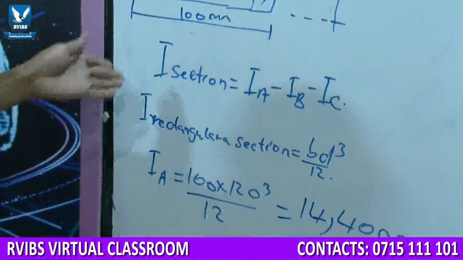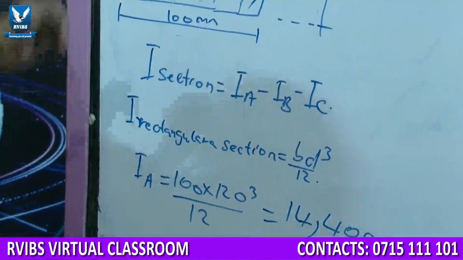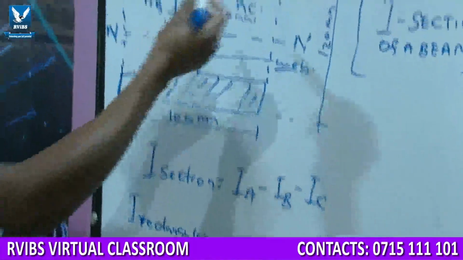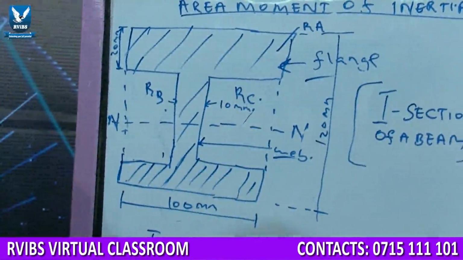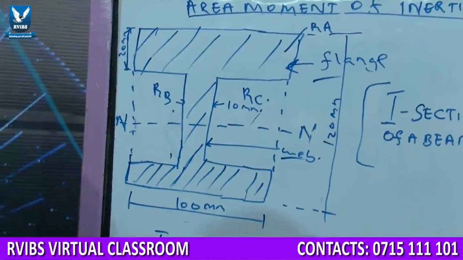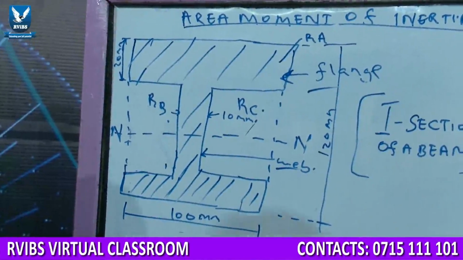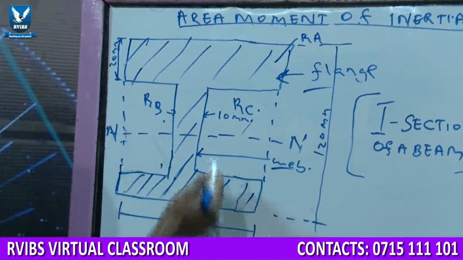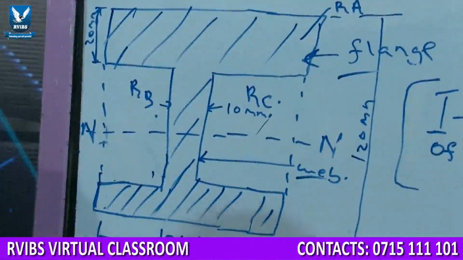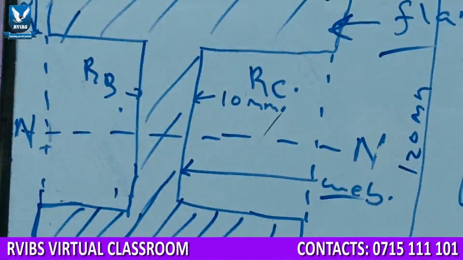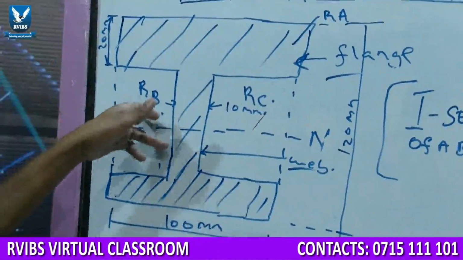Dividing the section into rectangle A, rectangle B, and rectangle C, the area moment of inertia of the section will be given by the moment of inertia of rectangle A, subtract the moments of inertia of rectangle B and C. That is, the whole rectangle, you subtract rectangle B and C.